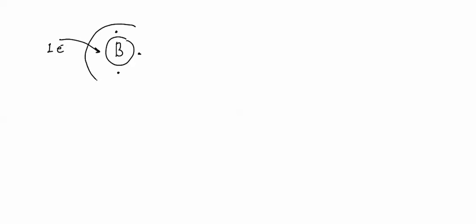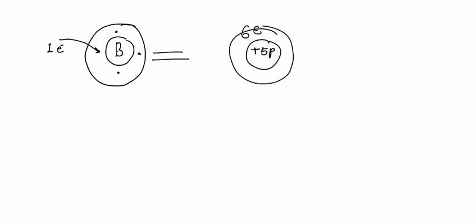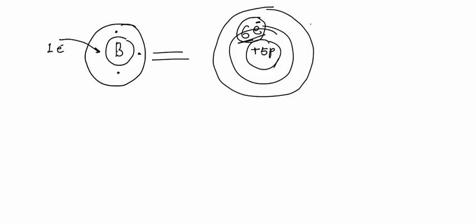With the acceptance of this fourth valence electron, for this boron atom, its nucleus will consist of 5 protons, while it will be surrounded by 6 electrons. As there is more negative charge than positive charge, this boron atom will be an atom with a positive charge, and an atom with positive charge is called a positive ion.